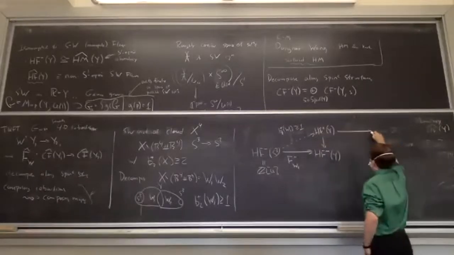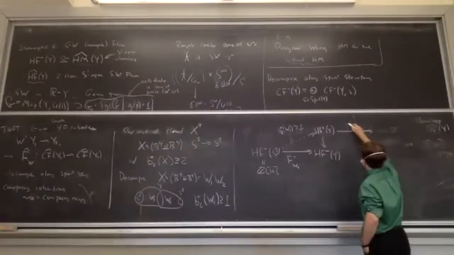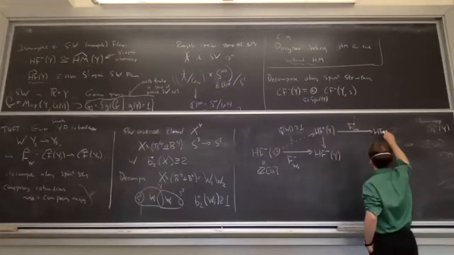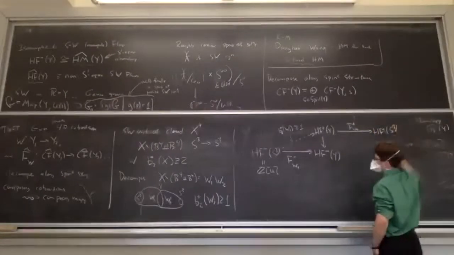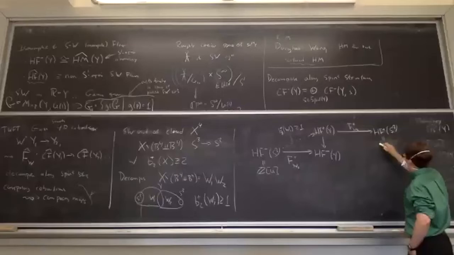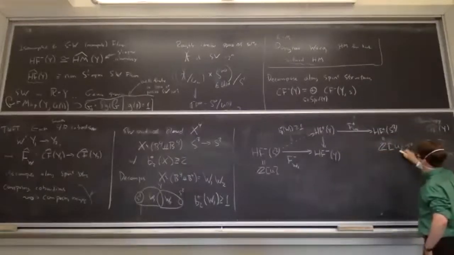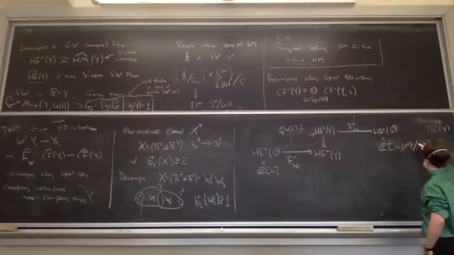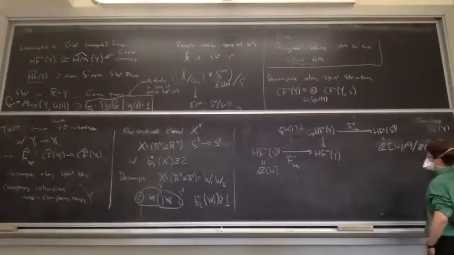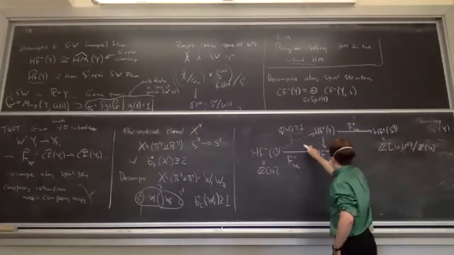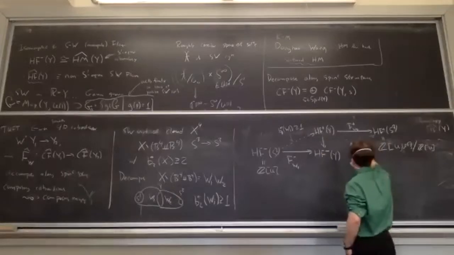And then you do the map associated to W2 to HF plus of S^3, which is this funny module Z adjoin U inverse mod Z adjoin U. And this composition is the Seiberg-Witten invariant.